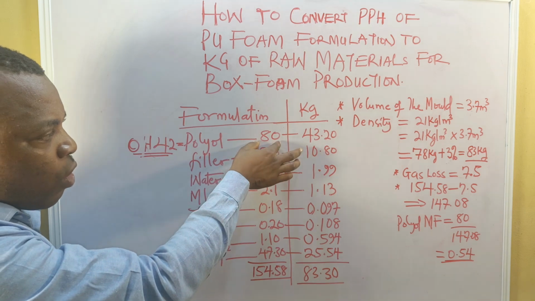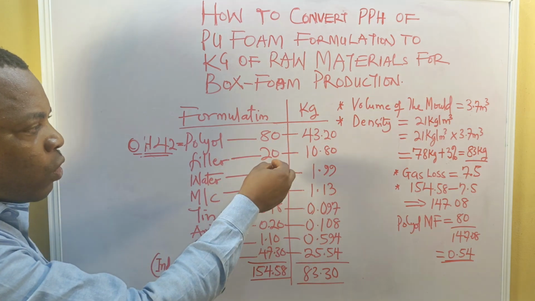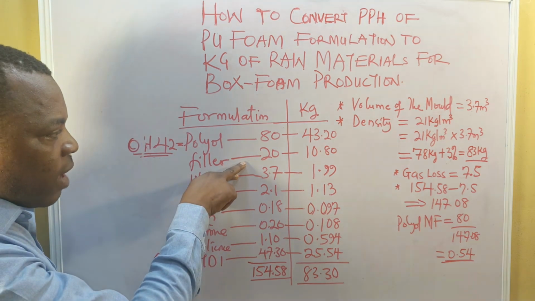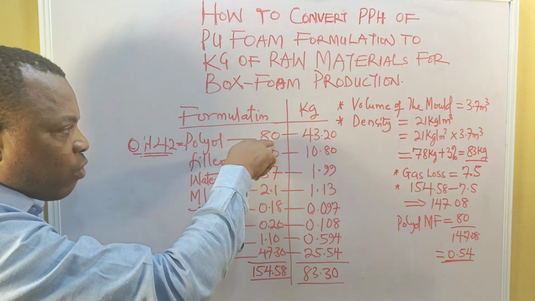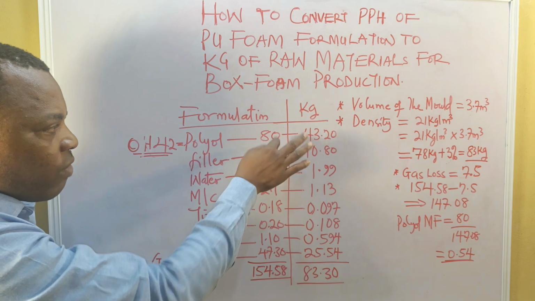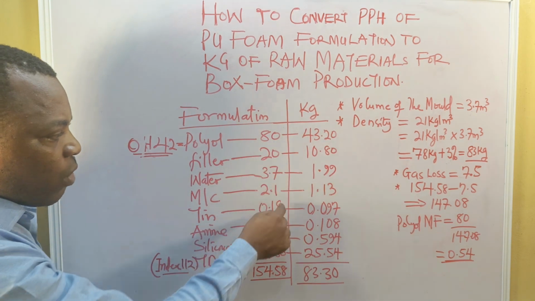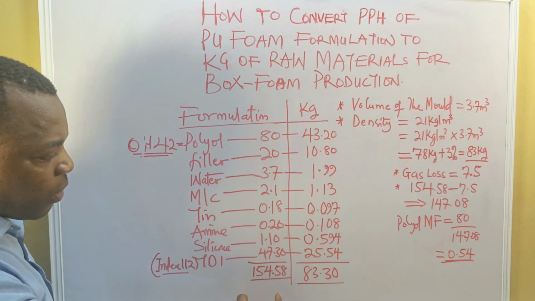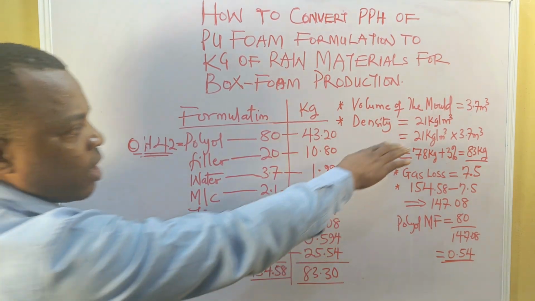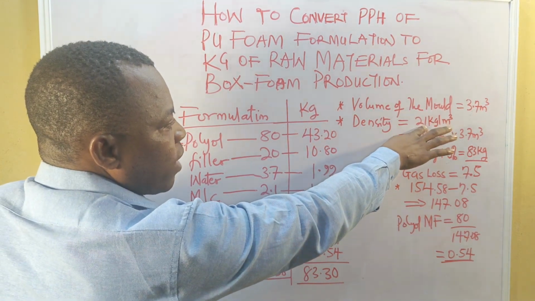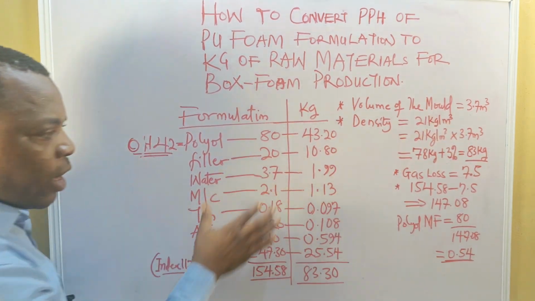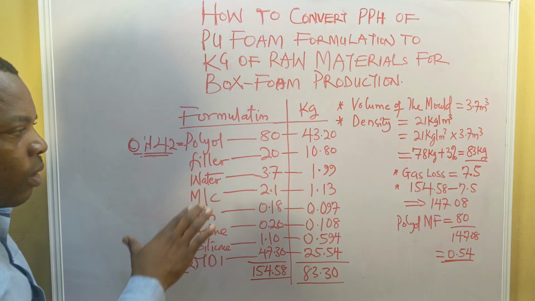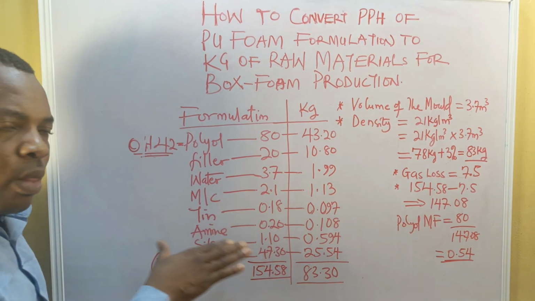That is, polyol was 100, but you want to reduce the cost of production using this filler, so you replace this and take 20 from here. That will still give you 100. So 80 plus this gives you 100. Let's assume this is the formulation, and this formulation gives us a density of 21 kg per meter cube. But this is just a guiding principle.